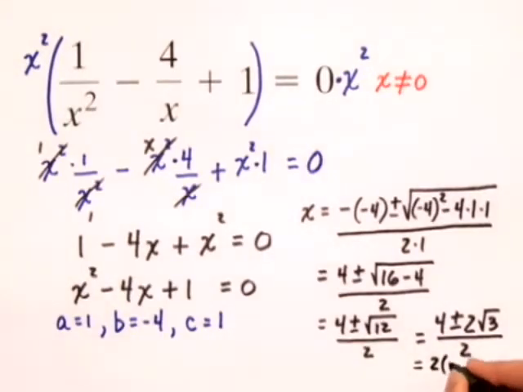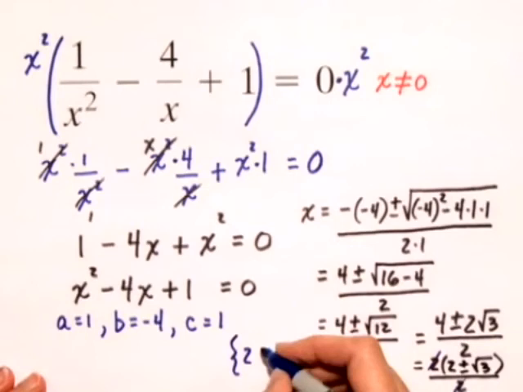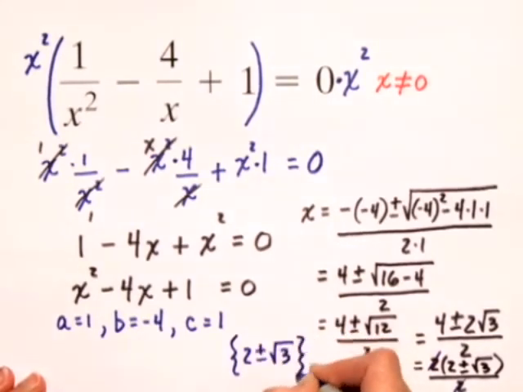When we do, we're left with 2 plus or minus the square root of 3, all over 2. And we can divide out those like factors of 2. And our final answer is just going to be 2 plus or minus the square root of 3. We'll write that in set notation. Our solution set is 2 plus or minus the square root of 3.